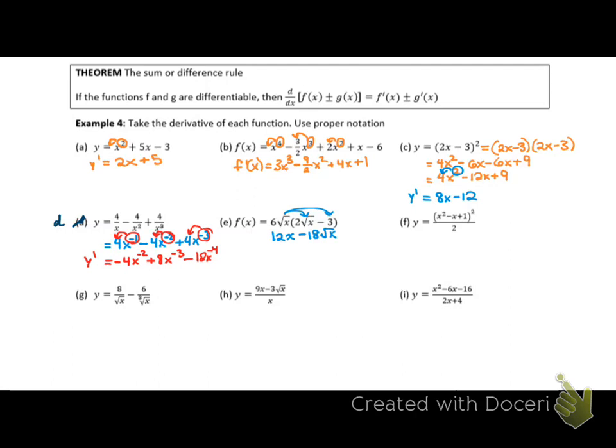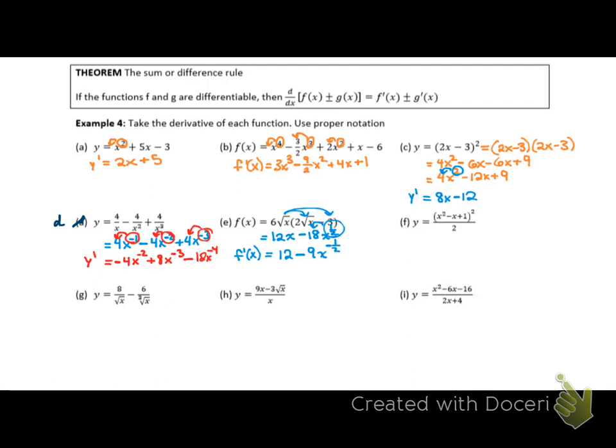And then I'm going to go back and change that square root of x to the 1/2, because we need our exponents to be rational. So f prime of x ends up equaling 12 minus 1/2 times 18 is 9, x to the negative 1/2. And that's the answer.